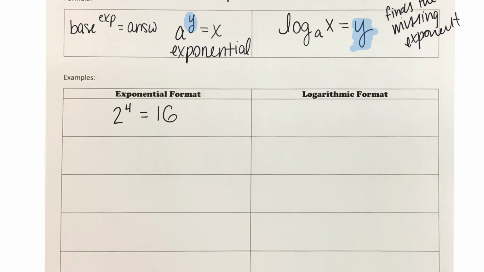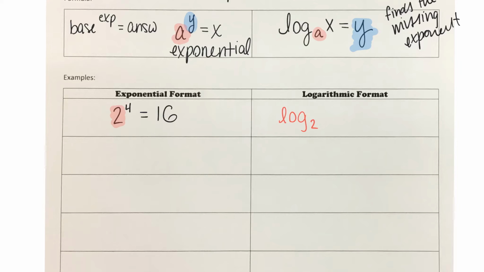If I want to reverse this and put this into my logarithmic format, I am going to undo that. Look where we had this. Our a was our base. So what's my base here? 2. And that's going to become this little base next to the word log. So I'm going to write log base 2 of y.